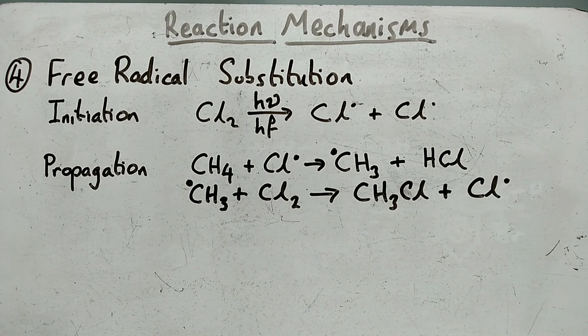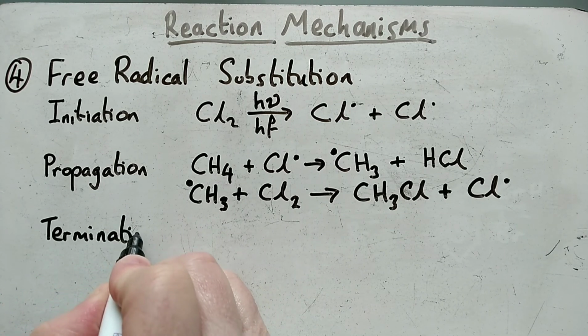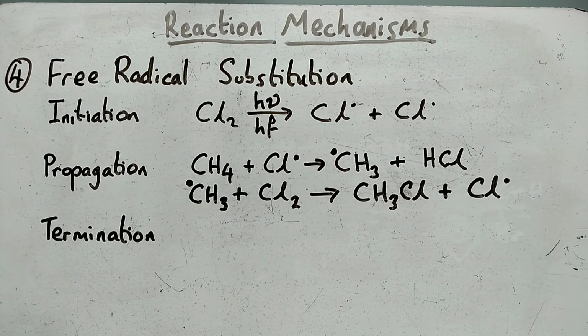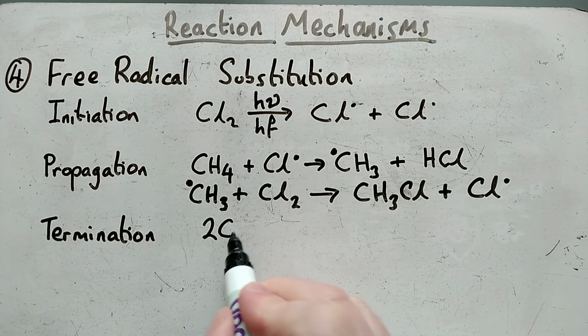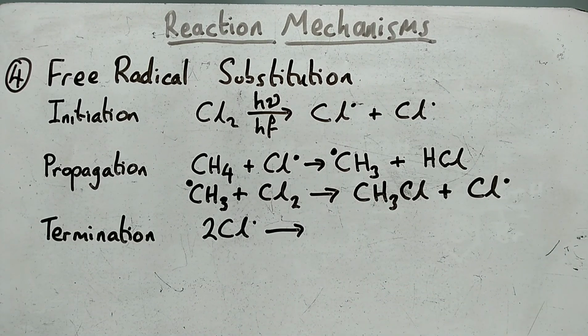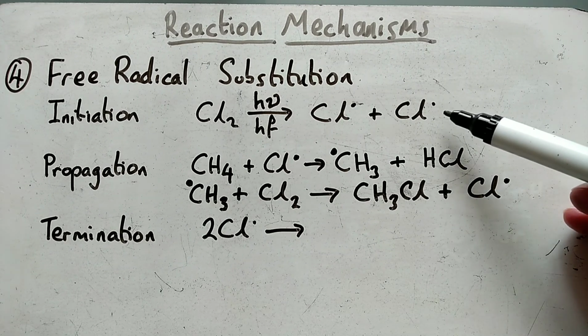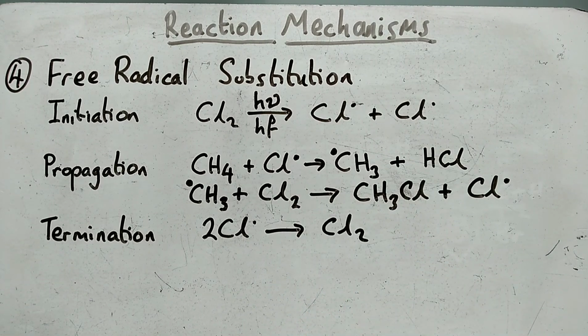So the chlorine free radical in this case is a catalyst. Finally, we have our termination steps. Now, a termination step is anything which involves a combination of 2 free radicals. So the reverse of the first one is always allowed, always. If you're ever asked for a termination step and they haven't said don't use it, always put a reverse of the initiation. That's a valid termination step.